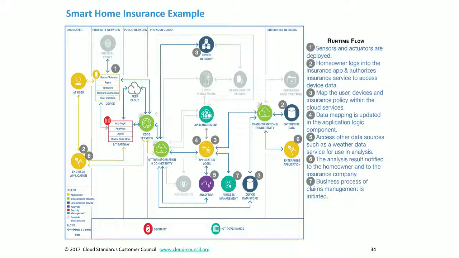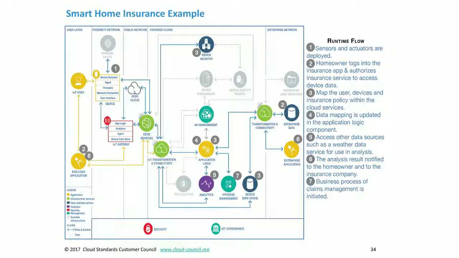Second, you need to have the smartphone where you will download the application or app from the insurance company, and you will log into that insurance app, and then you authorize insurance service to access the device data. Whenever the leakage is happening, the number 1, the device, IoT gateway, and peer cloud.